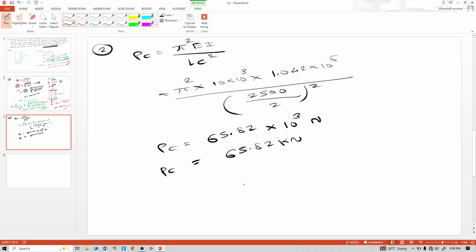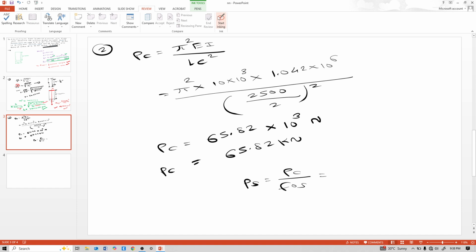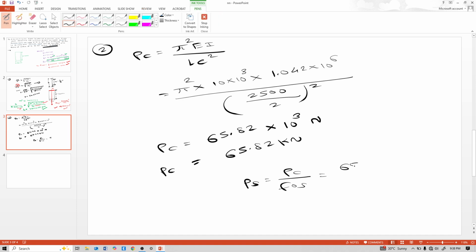Now the safe load, PS, is equal to PC upon the factor of safety, and the factor of safety is 2. So 65.82 divided by 2. The safe load for that fixed rectangular column is 32.91 kilonewton.